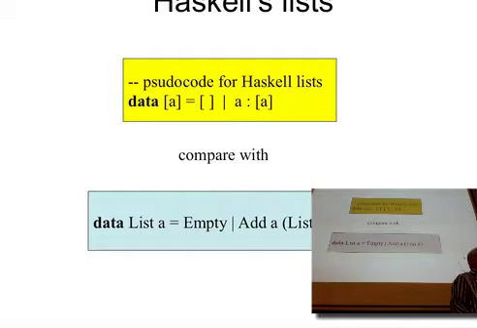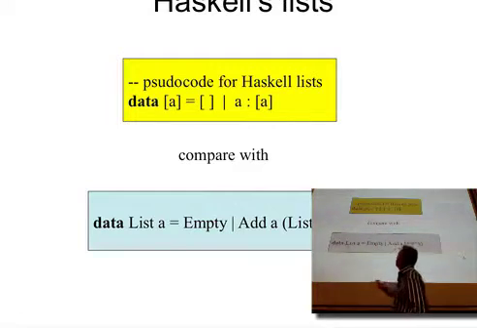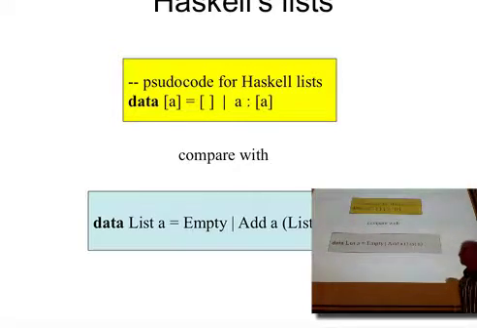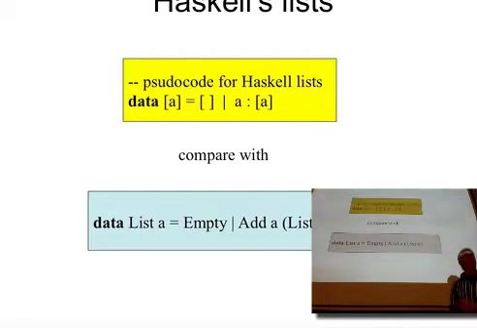It's not infix, it's not prefix, it's a bit of both. And there's the type parameter A, and there are two kinds of things. It's either the empty list, or it's an element of type A, followed by, with this constructor cons, another list of As. So this is more or less the way that lists are defined, except you can't use this kind of syntax with your own user-defined types.